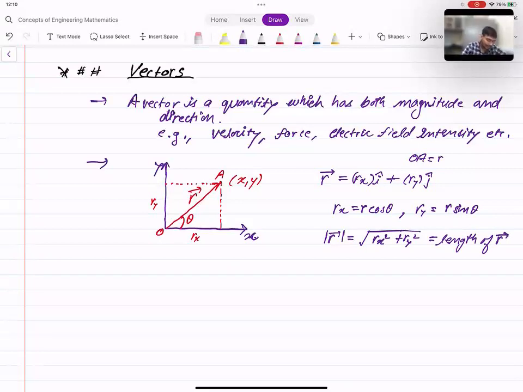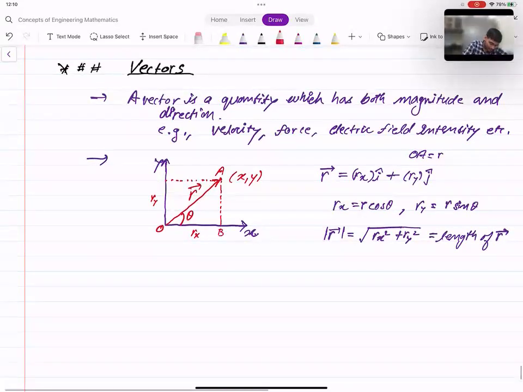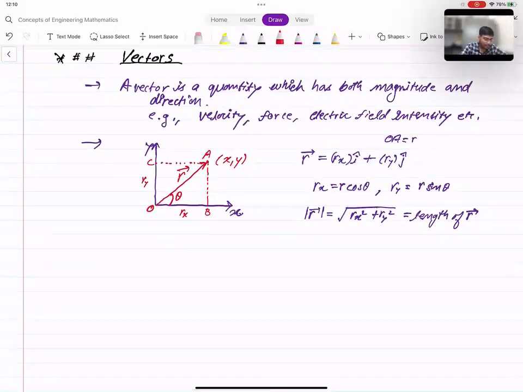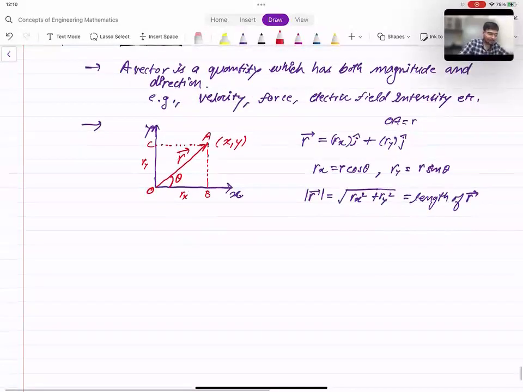Say this point is B, this is C. Then OA will be the square root of the sum of squares of OB and AB. So this is the length of vector R, and the mod symbol represents the magnitude of the vector.